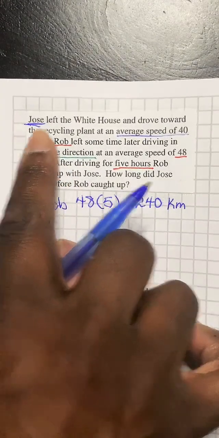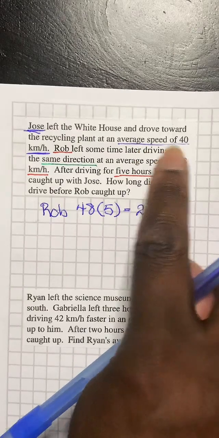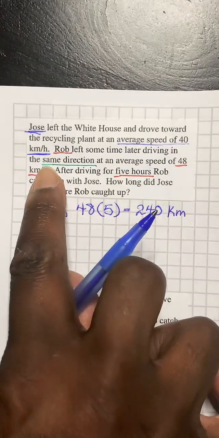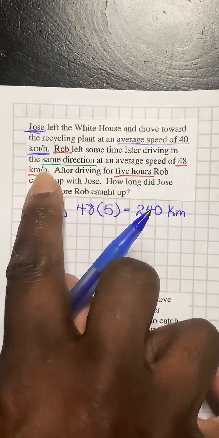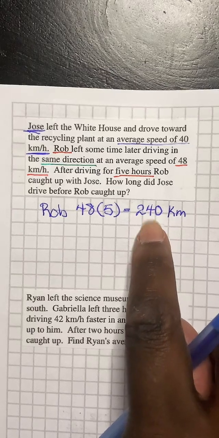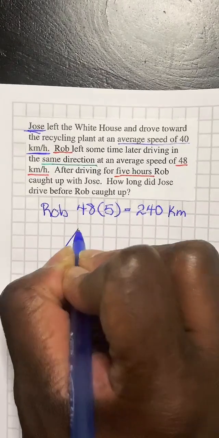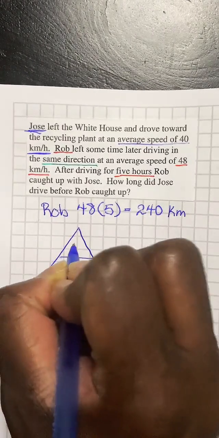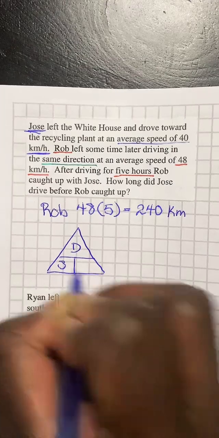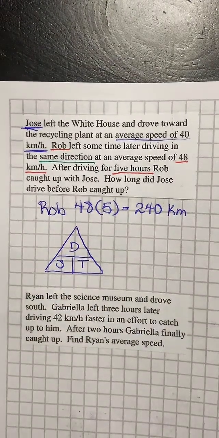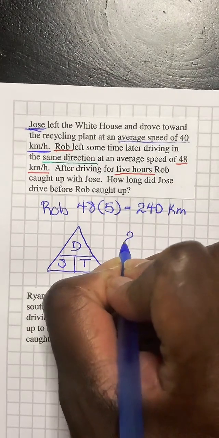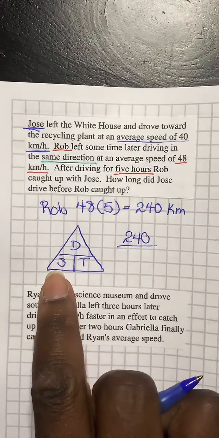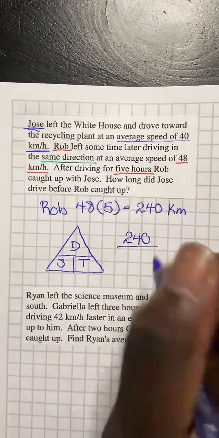Now, we're saying that Jose drove an average speed of 40 kilometers per hour. Since they said the same distance or same direction, we can use this as my D. If we want to use our lovely triangle. This is my D, this is my average speed, this is my time. So that means we can use that 240. They gave us our S, which was 40.